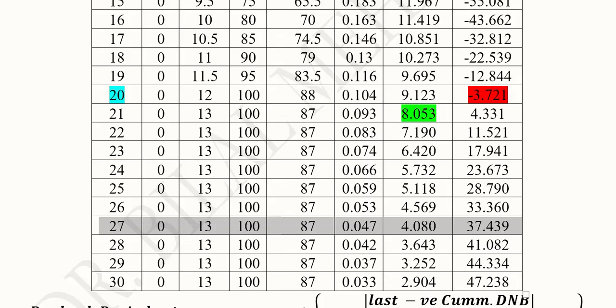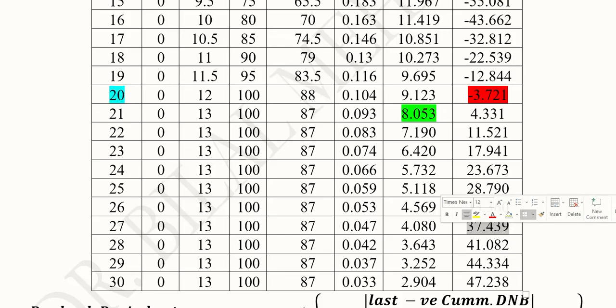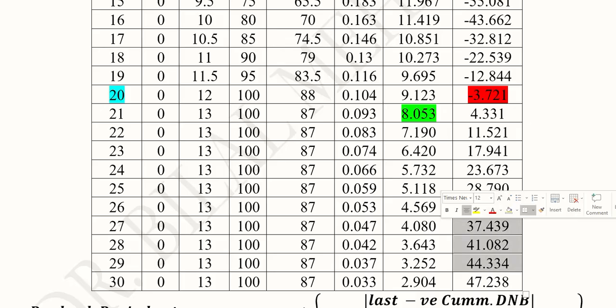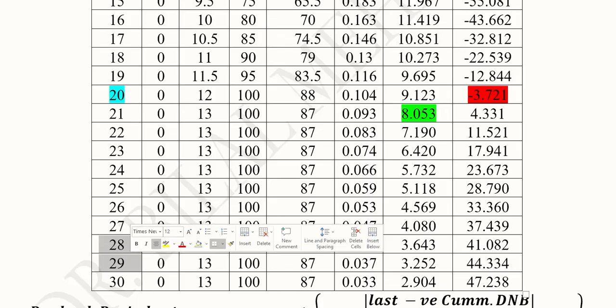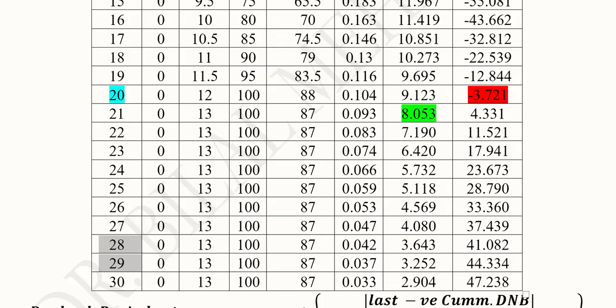So the time period of the payback will have a confusing situation, because it will be expected to be between 20 and 21, but at the same time there will be a negative discounted net benefit for 1 year maybe, or a few years. So it means that a switch will happen again somewhere here. In this situation, payback period is basically unable to give us any certain unique value.